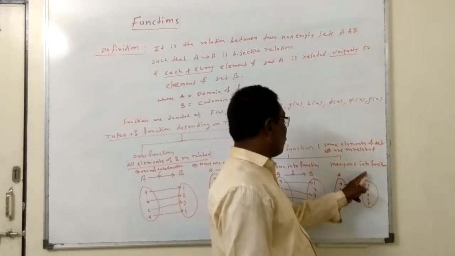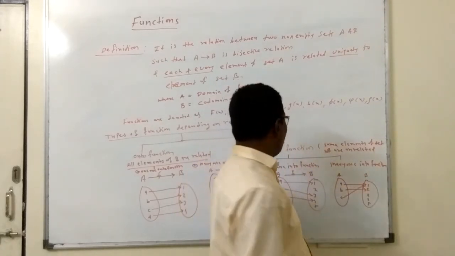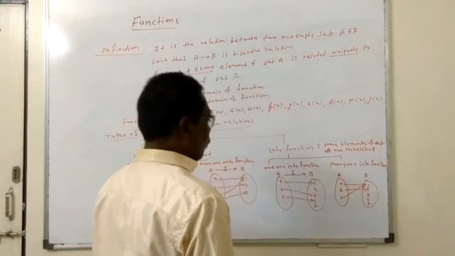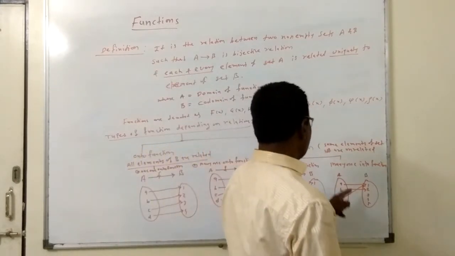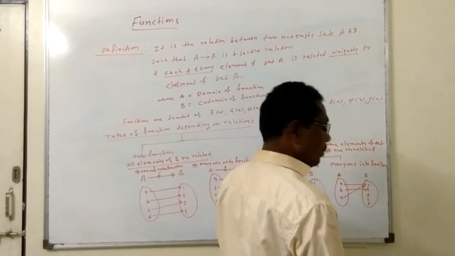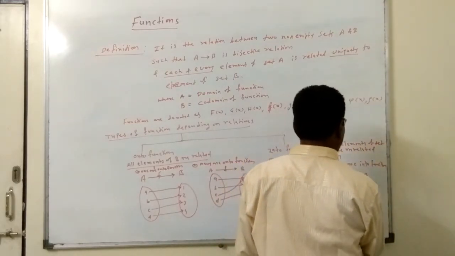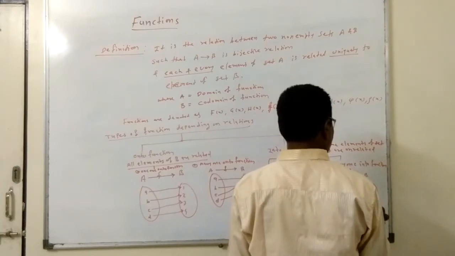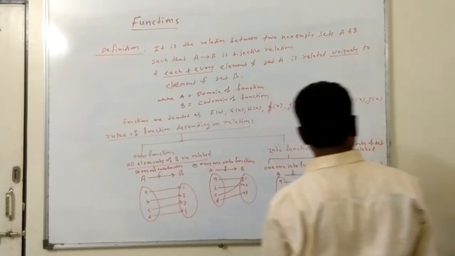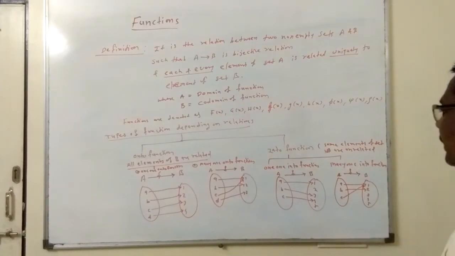So here in set B, 1 is related to a and c, more than one element of A. So that's why this is many-one function. And here 3, 4, 5 elements are unrelated. That's why this is many-one into function.